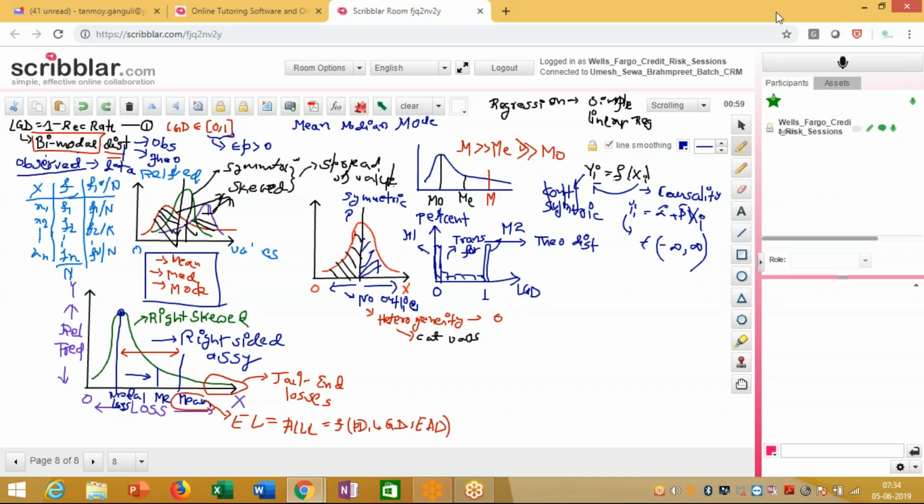So to ensure that the distribution is continuous and symmetric, this transformation exercise has to be done. So over here we'll talk about this model.